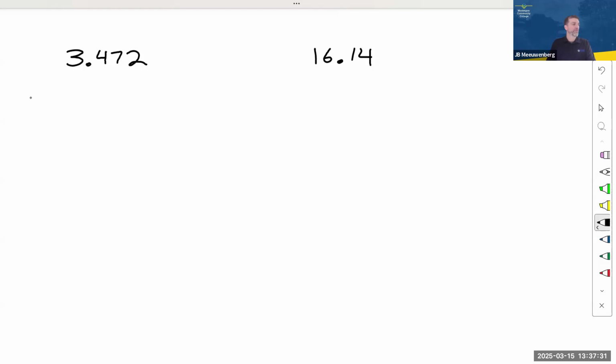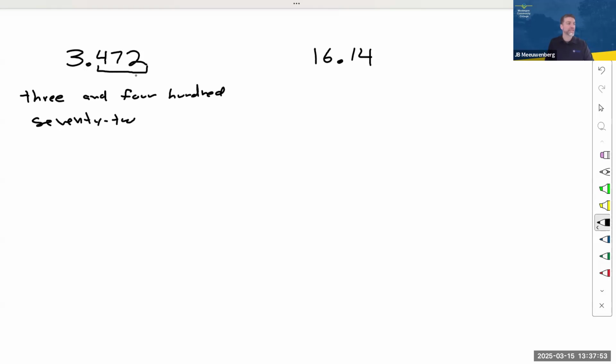So again, we always start with the number in front. This would be read as 3. The decimal point is and, then we look at the entire number after the decimal point and we say it as 472.